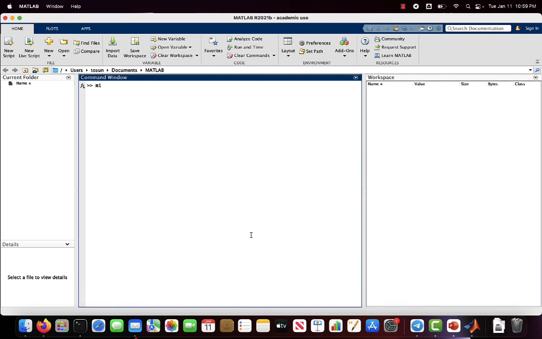Let's create matrices again. 1, 2, 3, and 4. And let's clear the window.